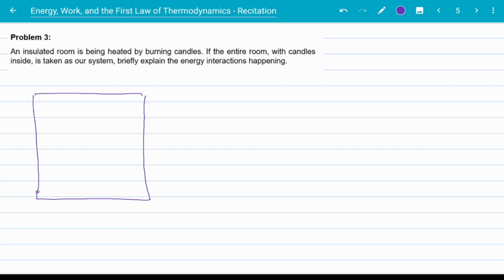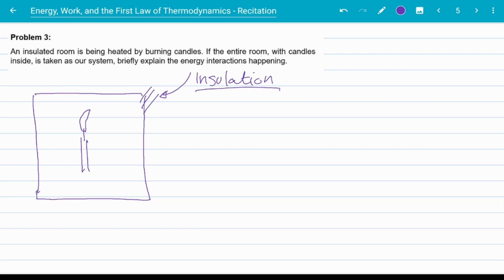So this is our insulated room. When you put hatched lines like this on one of the walls, it represents insulation. So if you see something like this in your problems, it means that the room, the box, whatever, the tank is insulated. We also have a candle inside, which is burning.